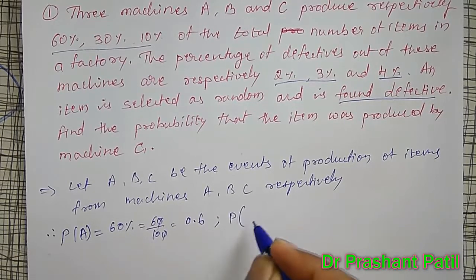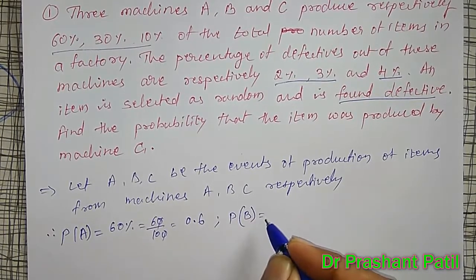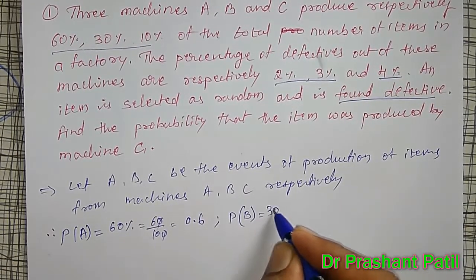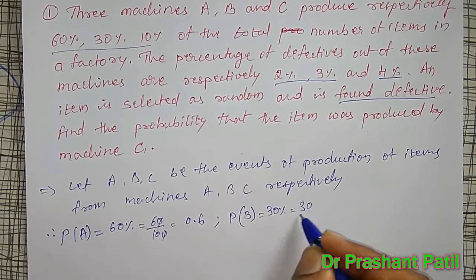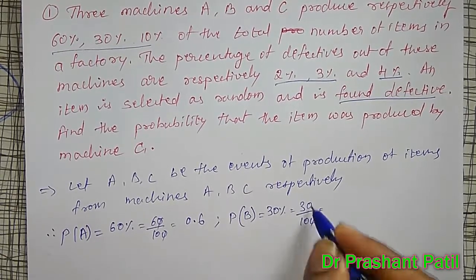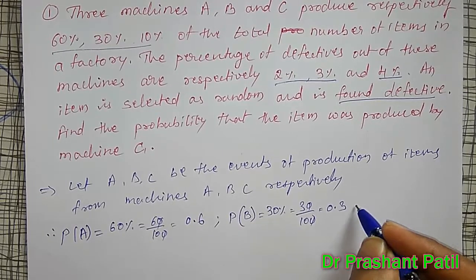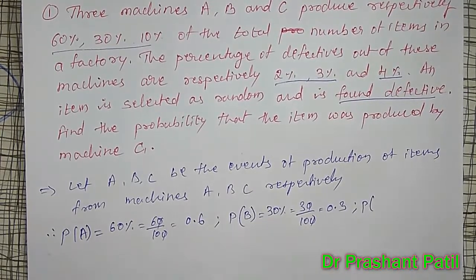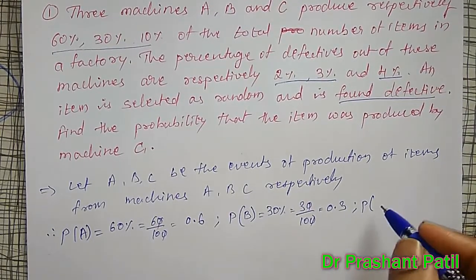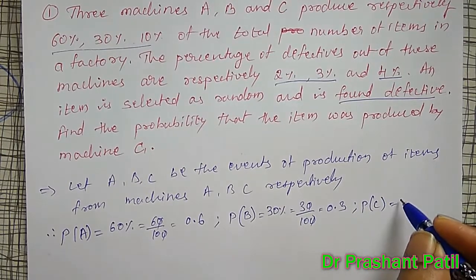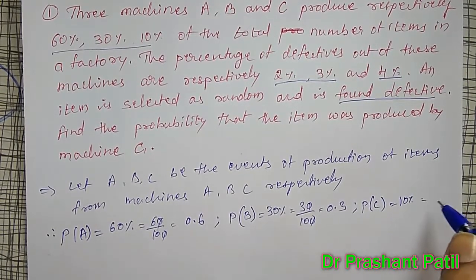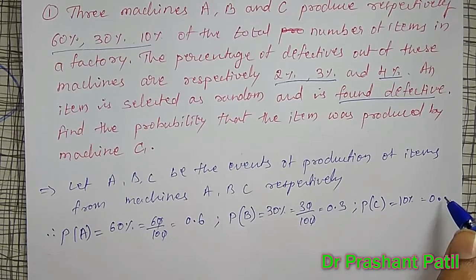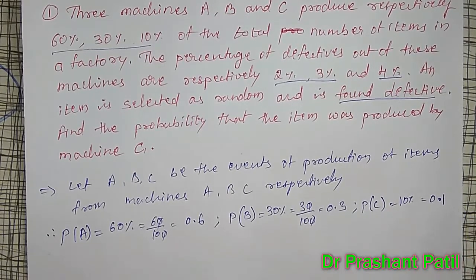Like that, the probability of B is given, production of B is 30%, 30 divided by 100, that is 0.3. And the probability of C is given as 10%, that is 0.1.